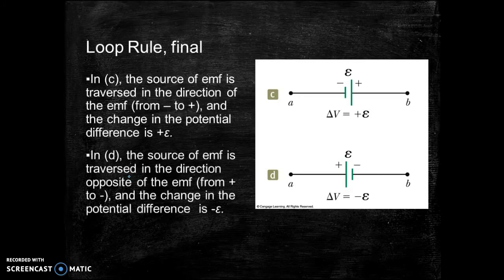In figure D, the source of the EMF is traversed in the direction from high to low, positive to negative. Therefore, we're going in the direction of decreasing potential, and the potential difference is minus E.